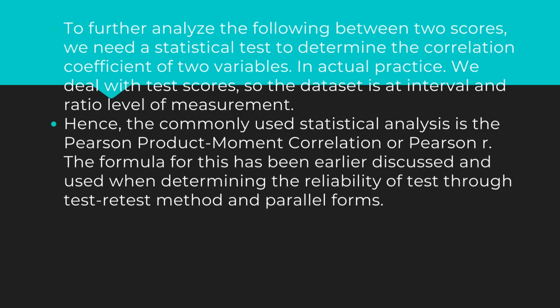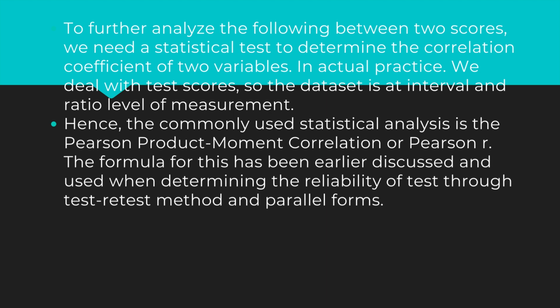To further analyze the two scores, we need a statistical test to determine the correlation coefficient of two variables. In actual practice, we deal with test scores, so the data set is at the interval and ratio level of measurement. The commonly used statistical analysis is the Pearson product moment correlation, or Pearson r.